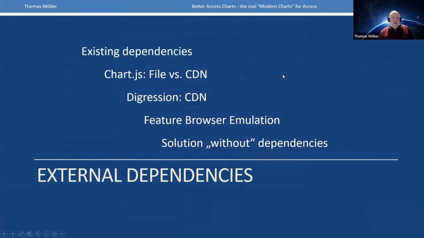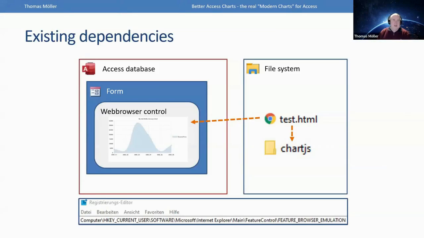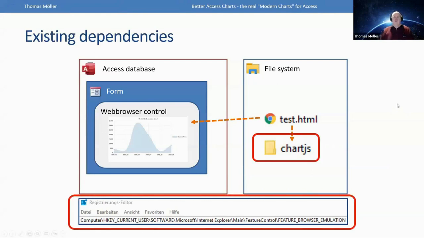Before I am too happy, let's talk about some external dependencies and how to get rid of them. You remember this picture from a few seconds before, and we have two dependencies to deal with.